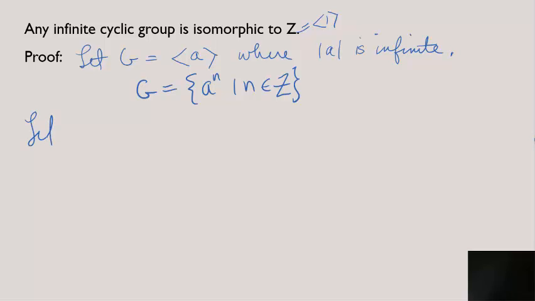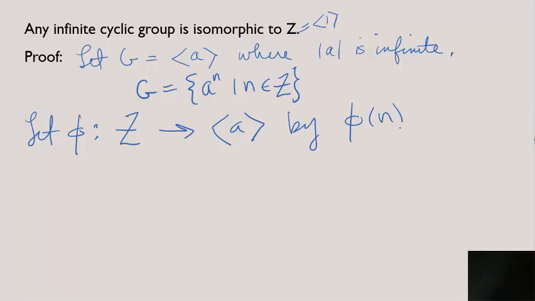Here we have to define the map ourselves. So let phi go from Z to G, and the natural map is to let n go to A to the nth power. So phi of n equals A to the n.